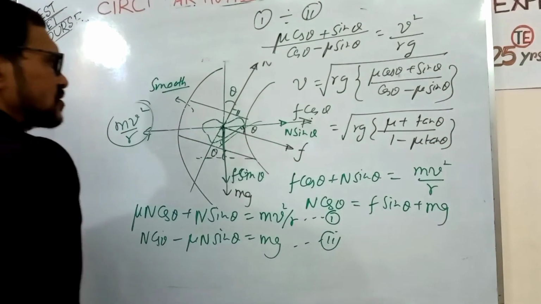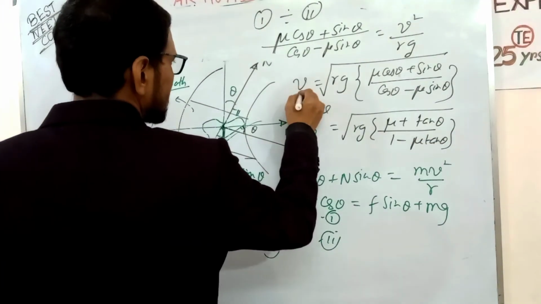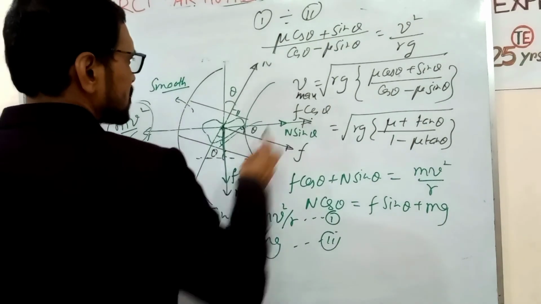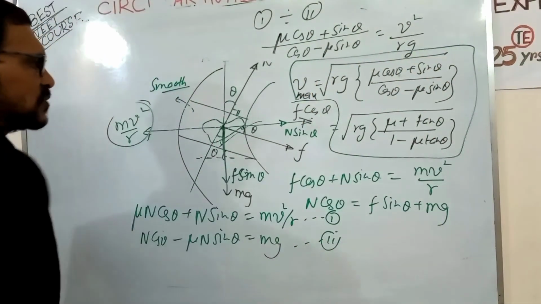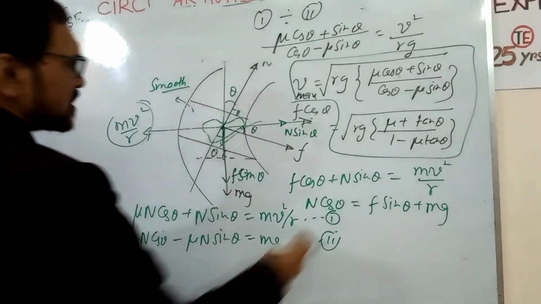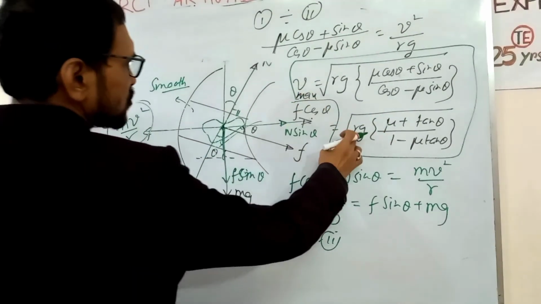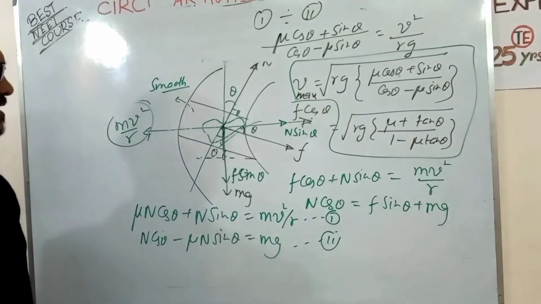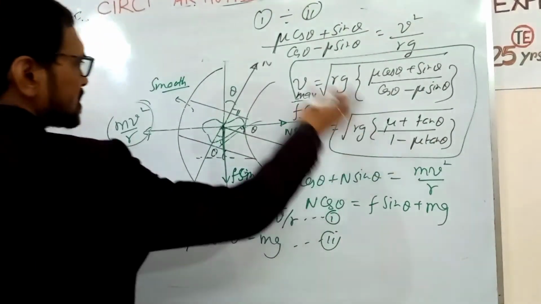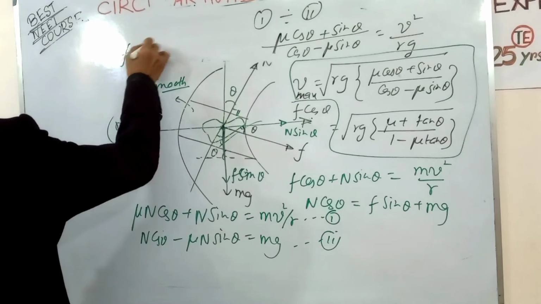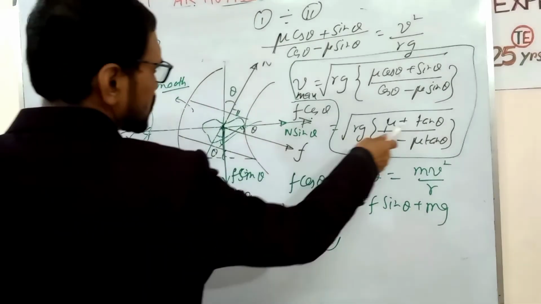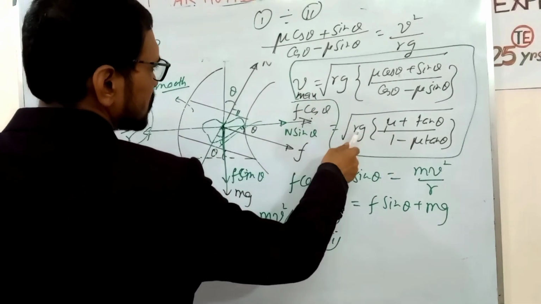So this is the result. The value of velocity maximum is this result. Now if mu equals 0, we get v equals root over rg tan theta, which is the expression when friction equals 0.